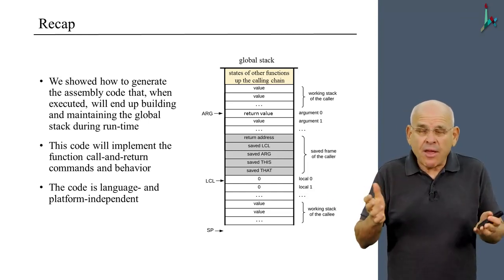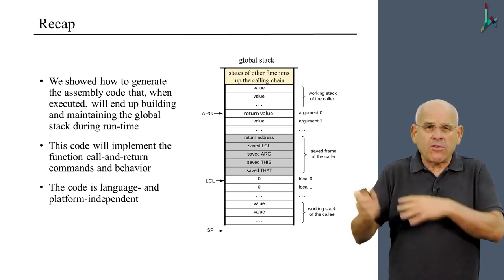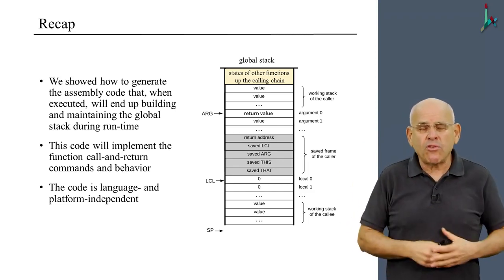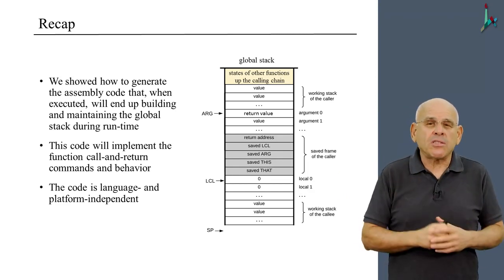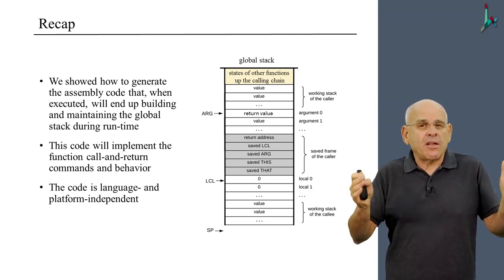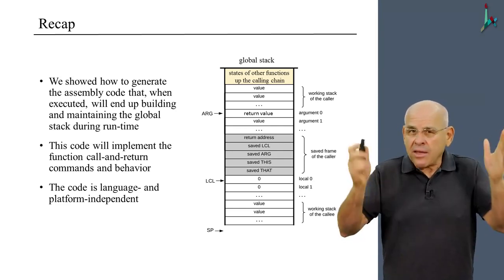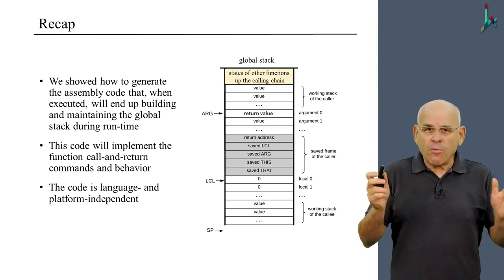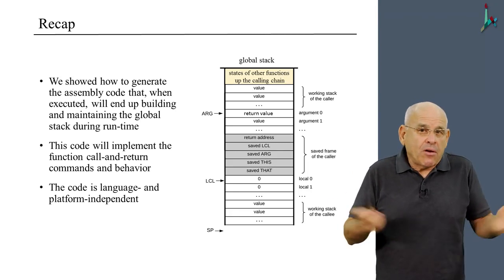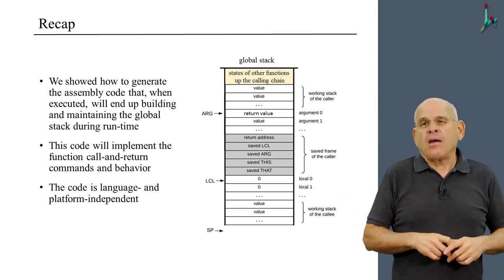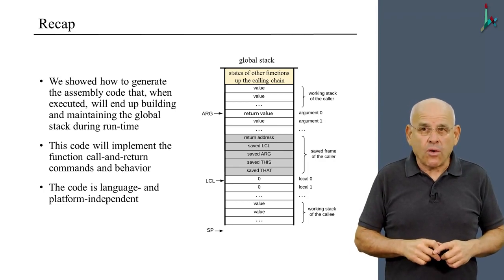We didn't say anything about where this thing is going to be stored in memory, or which assembly language I wanted to use. Use whatever you want. And this is important because we just gave a universal recipe for implementing our VM language on any hardware platform, any computer out there. But of course, in this course, we'll do it in Hack, because simply this is the computer that we are playing with in this particular course.